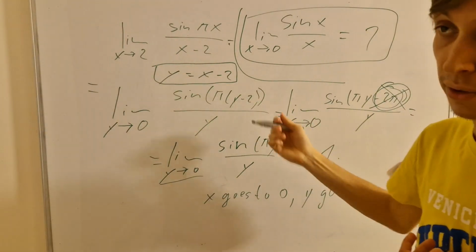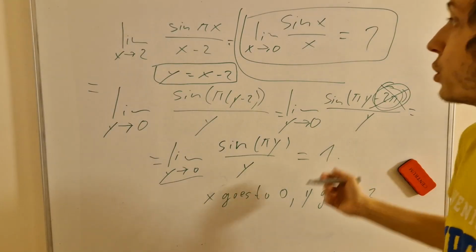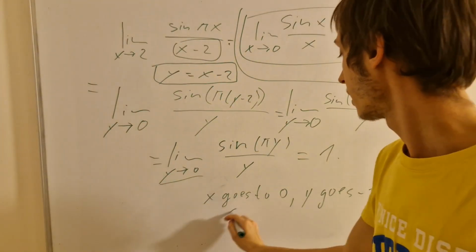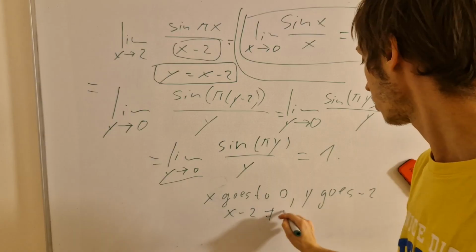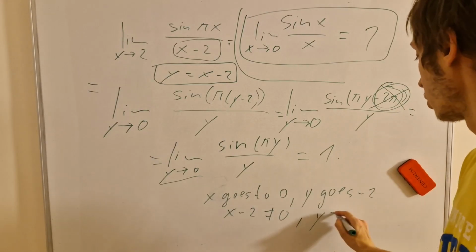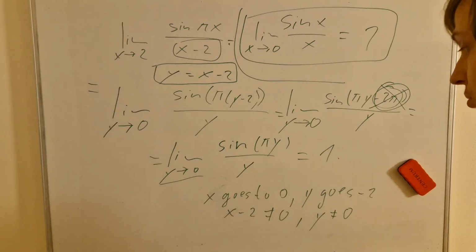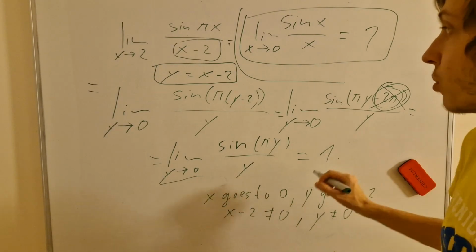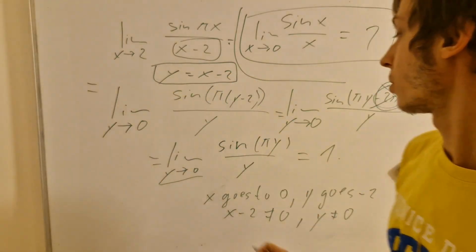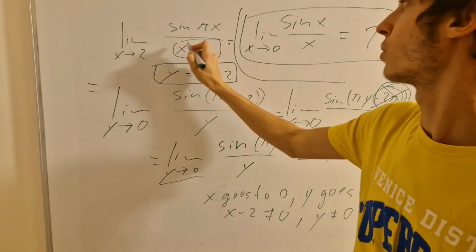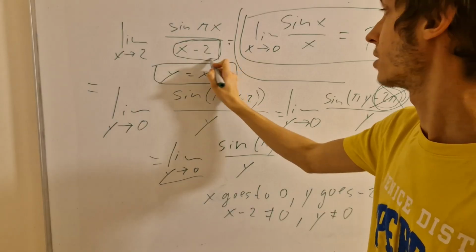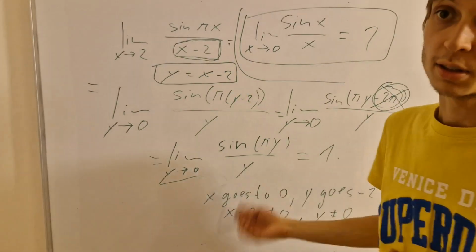That's how we got there. That's the first thing. Also, we should check that x minus 2 should not be 0, so y should not be 0. y actually approaches 0, but it doesn't go to 0. So as y goes to 0, x minus 2 approaches 0, but it's not exactly 0. We want to have also a defined denominator here. But anyway, the substitution was the main point.